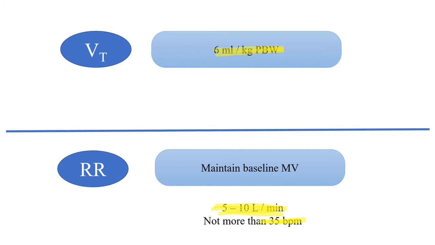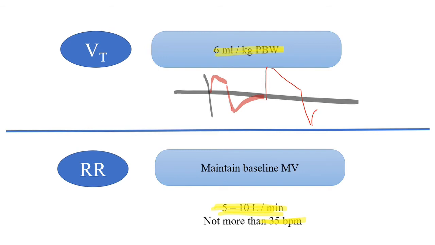Or you can observe the flow pattern while increasing the respiratory rate. So long as the flow reaches the baseline with no flow at the end of expiration, this means that you don't have auto PEEP, and you can continue.